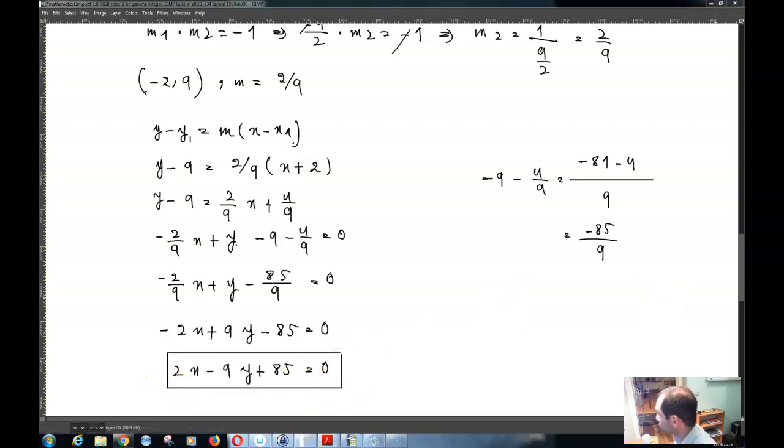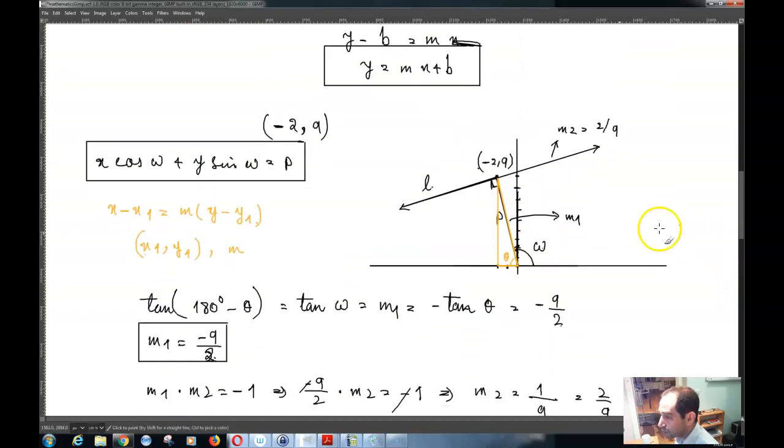So I suppose question number 14, or whatever it was, number 15, is 2x minus 9y plus 85 is equal to 0, which is actually the equation of the line. We need to play with this a little bit to get it to the right orientation, so that you can work with it.